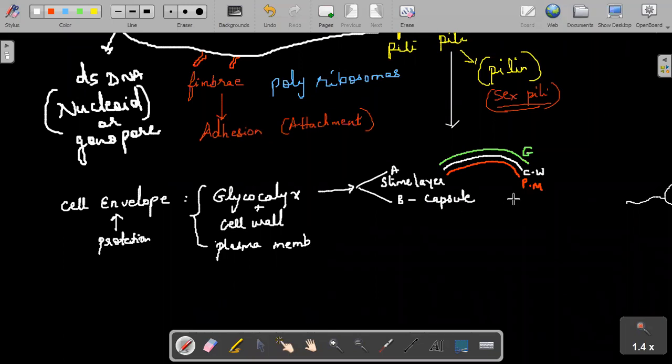Now, slime layers are viscous in nature, and they consist of polysaccharides. They are all polysaccharides. Glyco means, you should know, polysaccharides. Okay.